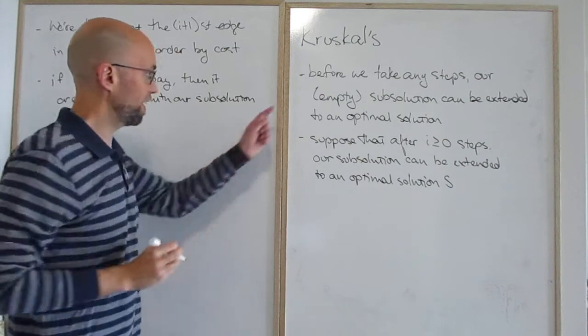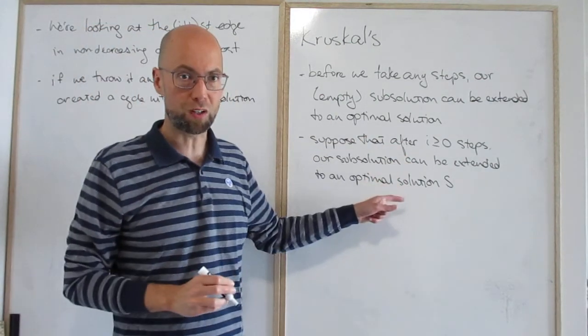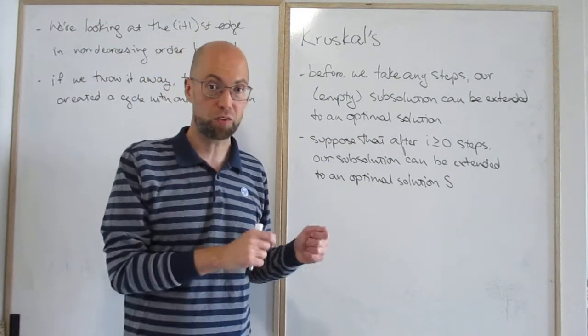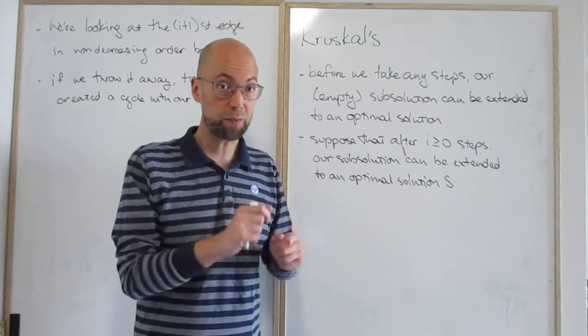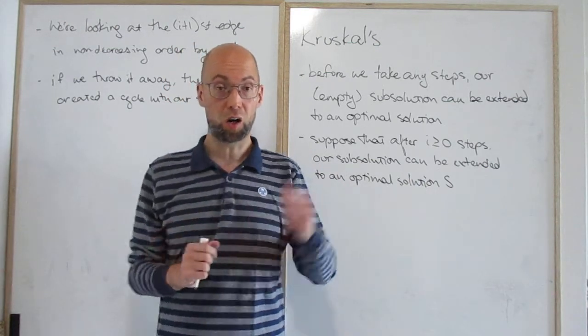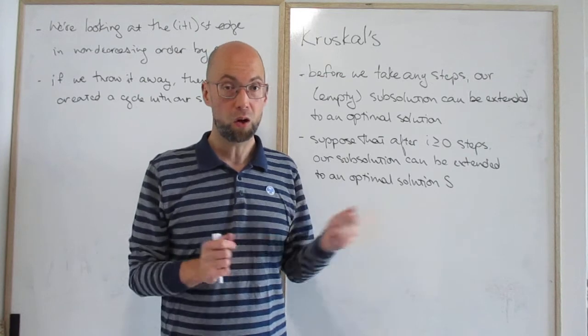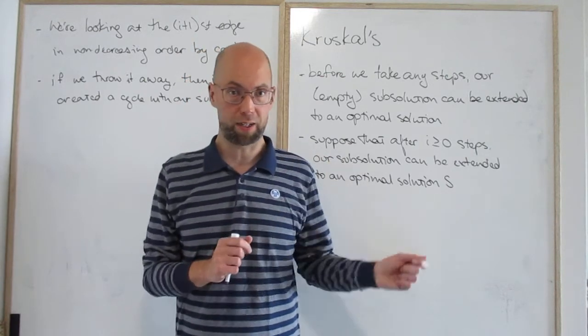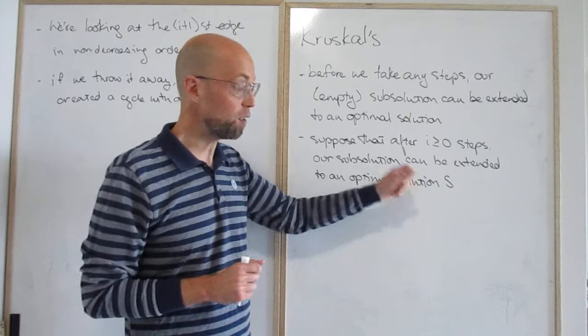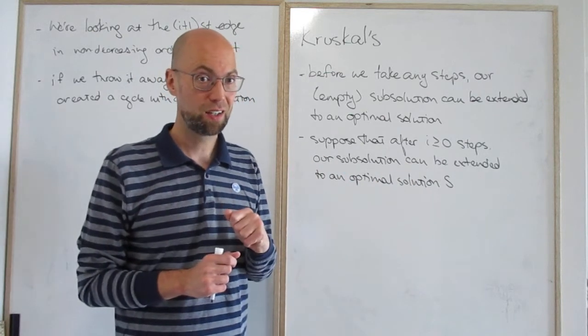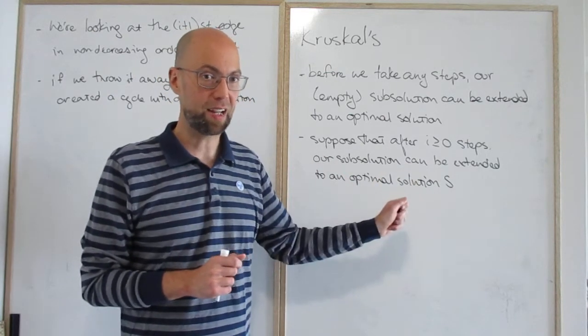Now notice that S, this optimal solution, contains our subsolution as a subgraph. All of the edges we've already taken are in S. All of the edges we've already thrown away are not in S. So if we can't take the edge, then S doesn't contain the edge.